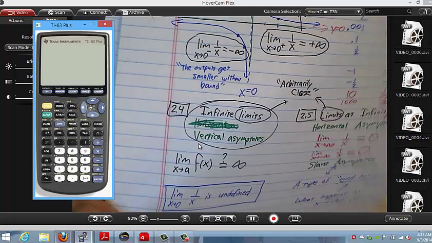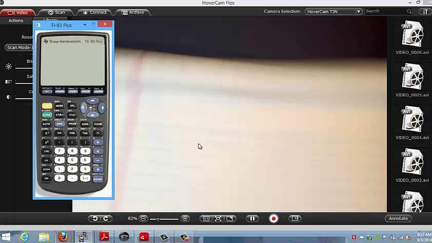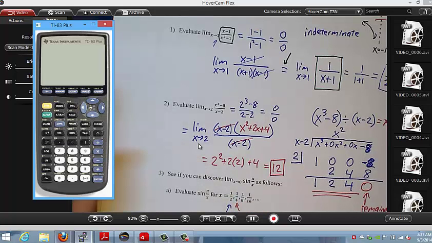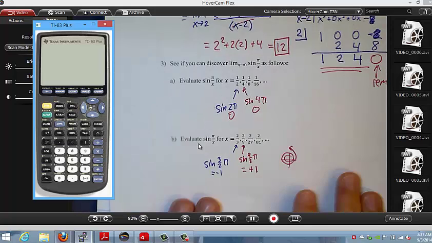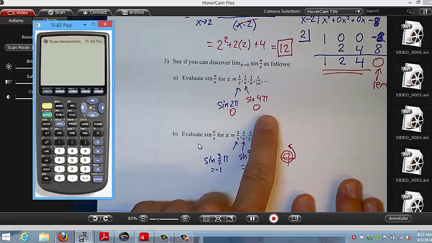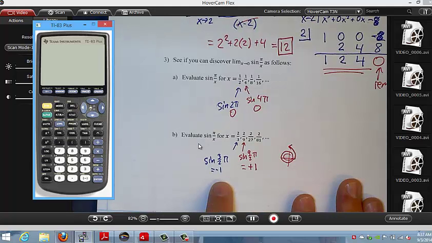All right. I still didn't go back to the problems up on the board. Well, we said that the limit as x goes to 0 of sine of 1 over x, or pi over x, doesn't exist because sometimes it'll equal 0, sometimes it'll equal -1, +1.